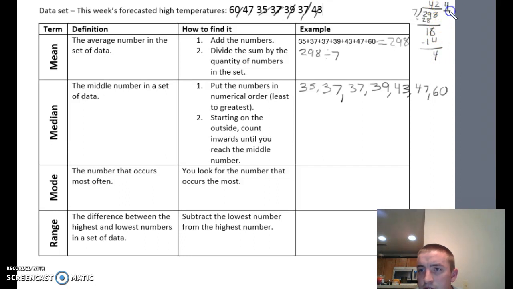You should get 42 and 4/7 are your mean.